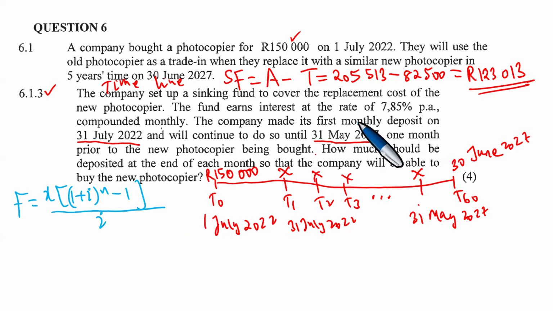But we note that here there is a missed payment. So if there is a missed payment, what do we do? Because they stopped 1 month prior to the new photocopier being bought, and the new photocopier is going to be bought in 5 years' time, 60 months, on the 30th of June 2027.